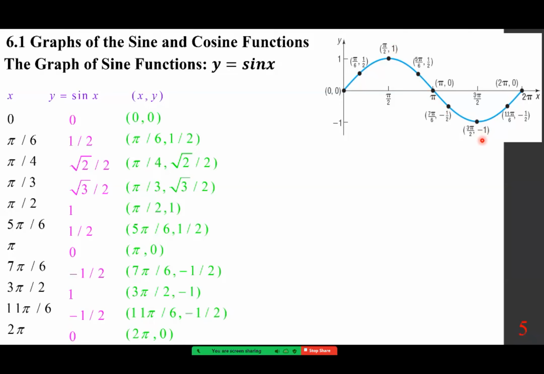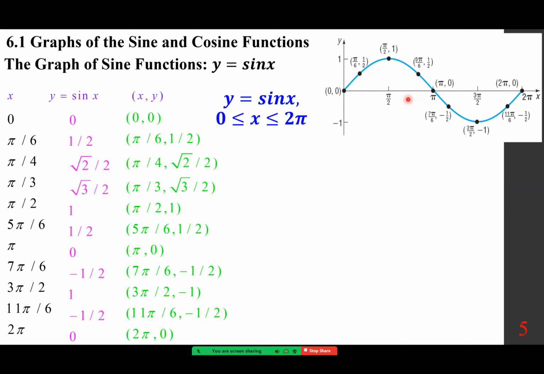And so the rest of them, pi over 4 is this value. For this one, perhaps you can go to a decimal notation to see the representation. But let's stick with the easy numbers: pi over 6 and 1/2, pi over 2 and 1, 5 pi over 6 and 1/2, so on and so forth. So we go from 0 to 2 pi. So that's how you graph.